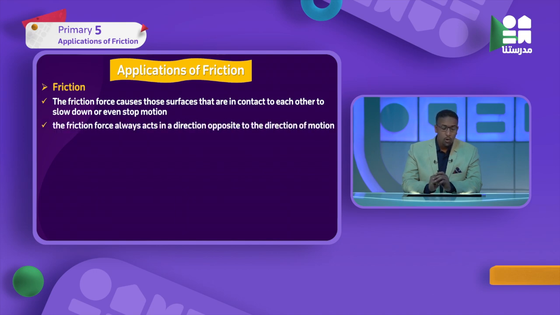The friction force always acts in direction opposite to direction of motion. كل الفريكشن فورس بكل أنواعها، الفريكشن between solids، الفريكشن between solid and air اللي سميناها air resistance أو مقاومة الهواء، والفريكشن between solid and water اللي قلنا عليها إيه؟ Yes, water resistance. كل أنواع الفريكشن دي ليها نفس البروبرتي: act in opposite direction، slows down the object، causes the object to stop. كل الحاجات دي common بين الثلاث أنواع من الفريكشن.